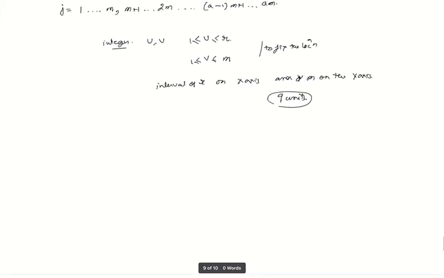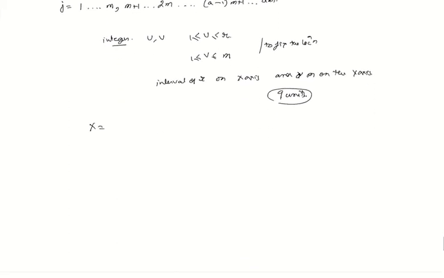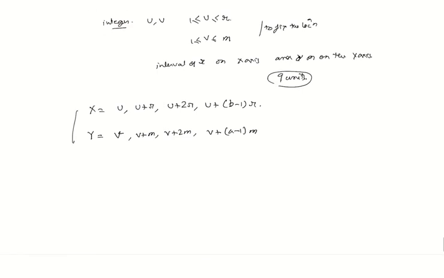So how would that be? So x is going to be u, then u plus r, then u plus 2r, up to u plus b minus 1 times r. Y is going to be v, v plus m, v plus 2m, and up to v plus a minus 1 times m. So these are the coordinates, but what are the actual locations going to be?